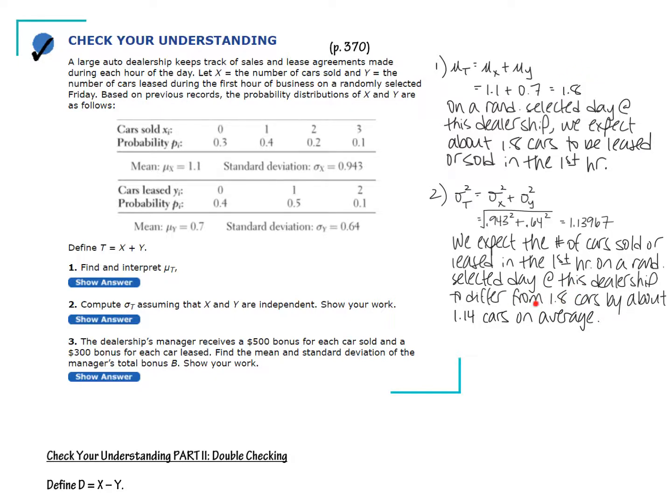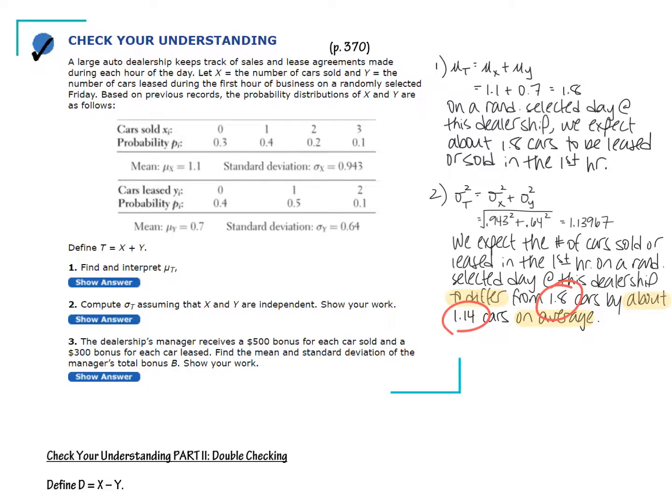It differs from the mean by about this much on average. So make sure you've got some keywords here. About is an important word. On average is important. We expect it to differ from the 1.8 by about this much. So a couple important things just to make sure you remember to put into your standard deviation interpretation.